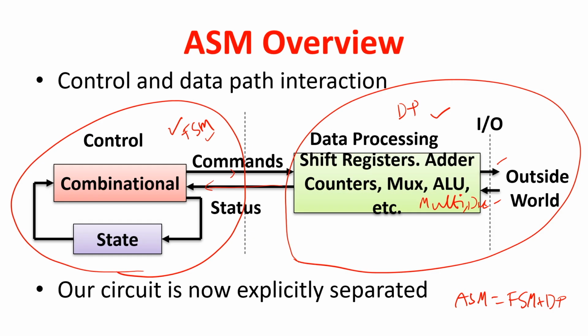We can model ASM, and when you implement it, the control path and data path are separated out. Because of this separation, ASM is more powerful. Another interesting thing is that in ASM we can model both Moore FSM and Mealy FSM.